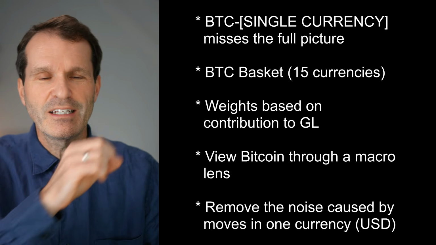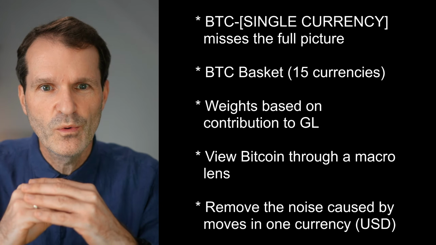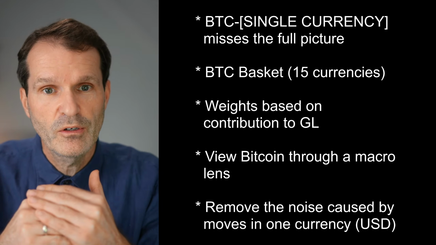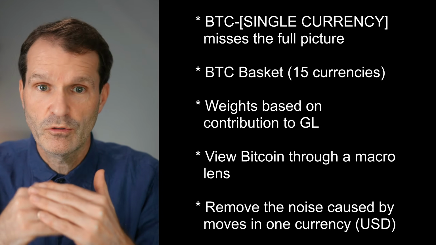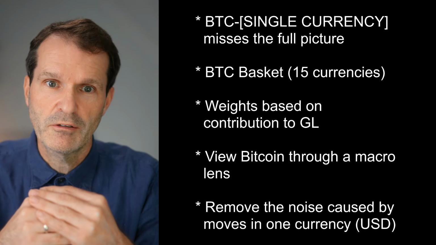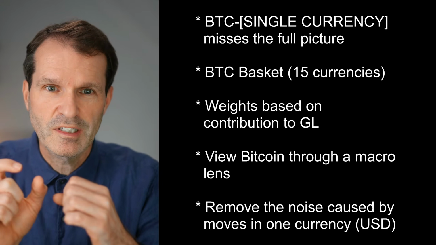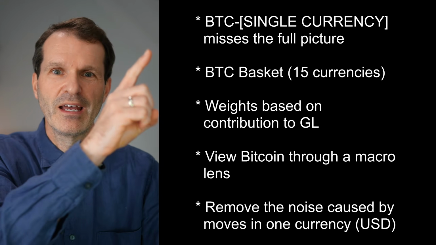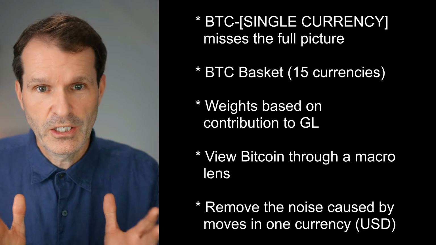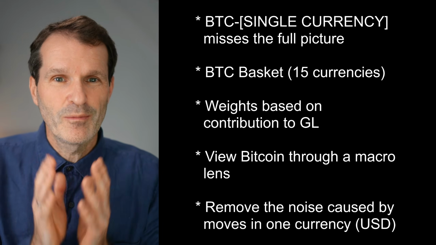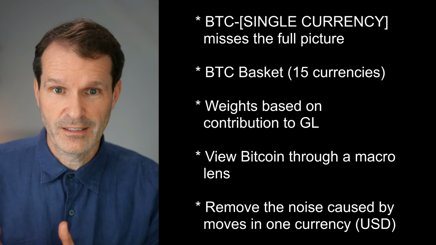But this is only one specific view, which depends on the local currency and the local fluctuation of the monetary policy of that currency against the other currencies. So that would miss the full picture, since Bitcoin is a global asset.